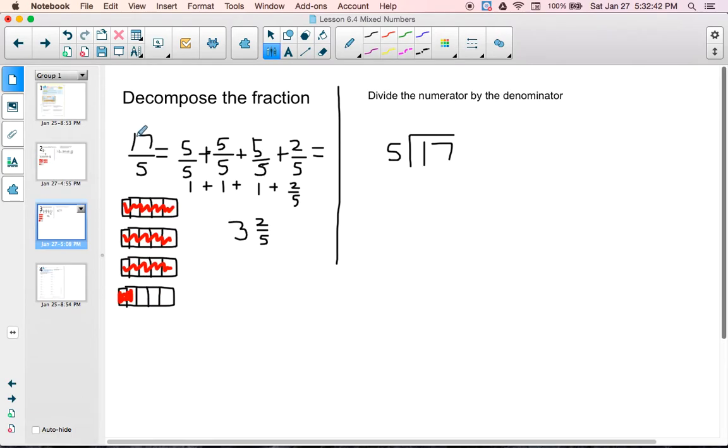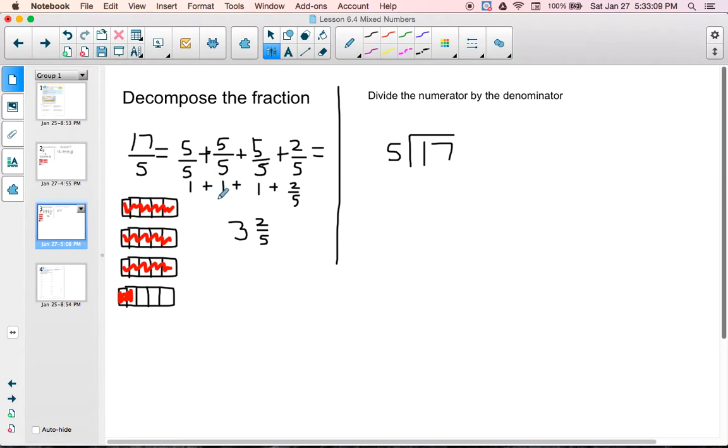What if you want to decompose a fraction? Let's take 17/5, for example. 17/5 can be written as fifths: 5/5 plus 5/5 plus 5/5, that's 5, 10, 15, 16, 17. 17/5. Then the fifths can be written as whole numbers because 5 over 5 is the same as 1.